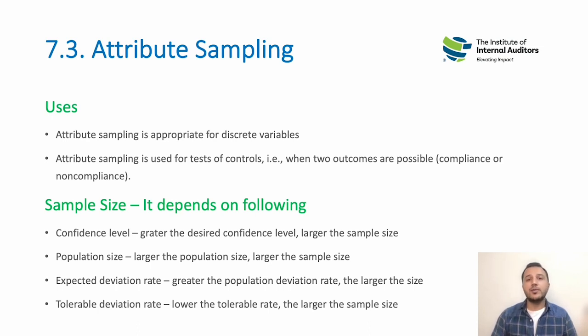Expected deviation rate: if you believe that the standard error within that data set or multiple data sets is greater, then you have to increase your sample size. If it is lesser, then you can decrease it. Tolerable deviation rate: if you have less tolerability, then you have to increase the sample size. If you are more tolerable, then you can decrease the sample size.